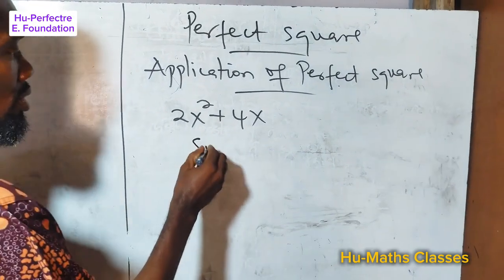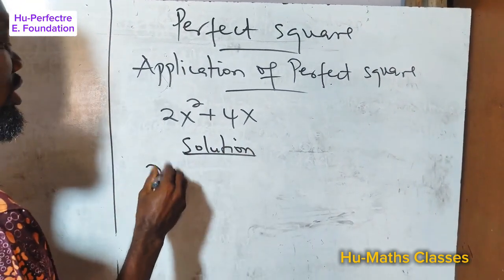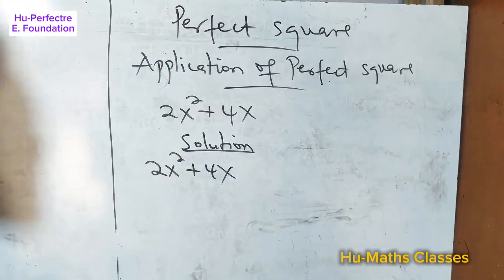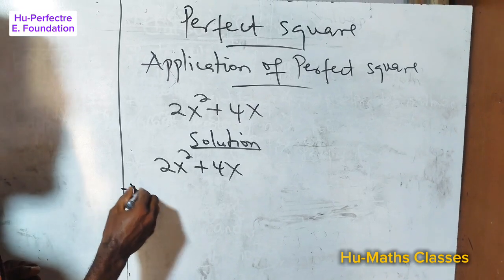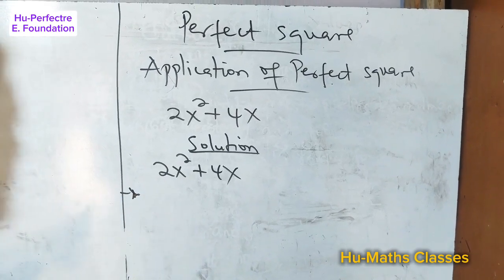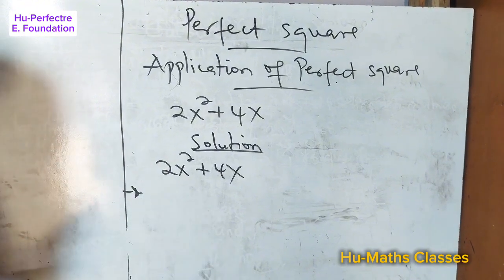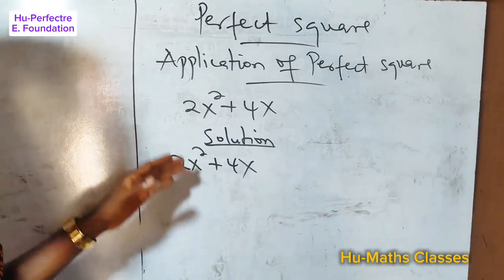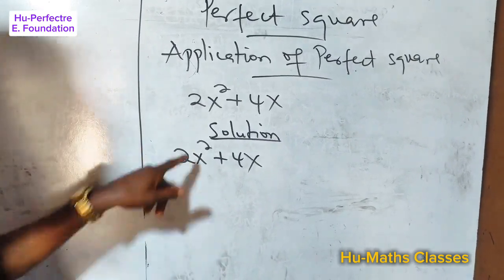Now, solution. To make 2x squared plus 4x a perfect square, I'm giving us the steps to take. The first step is to understand your first variable, your second variable, and even your third variable. Your first variable is the variable that has the highest power, the degree, which is power 2.